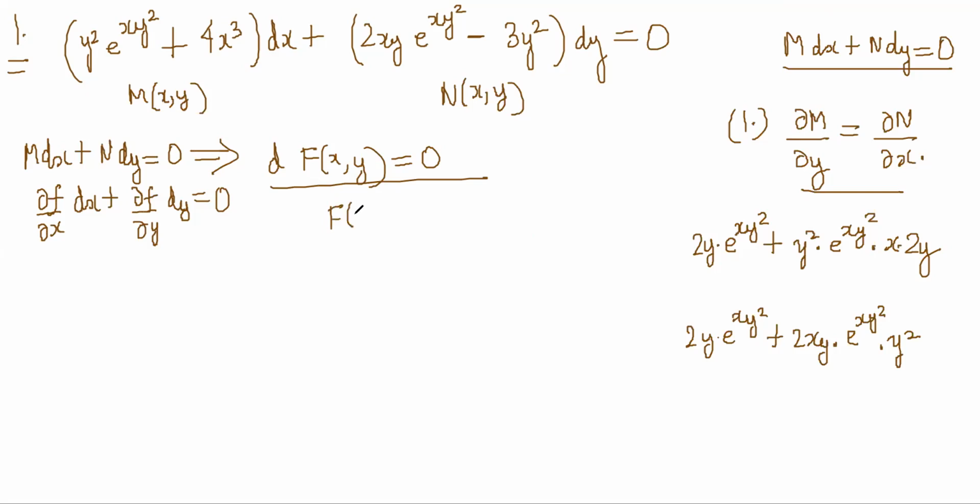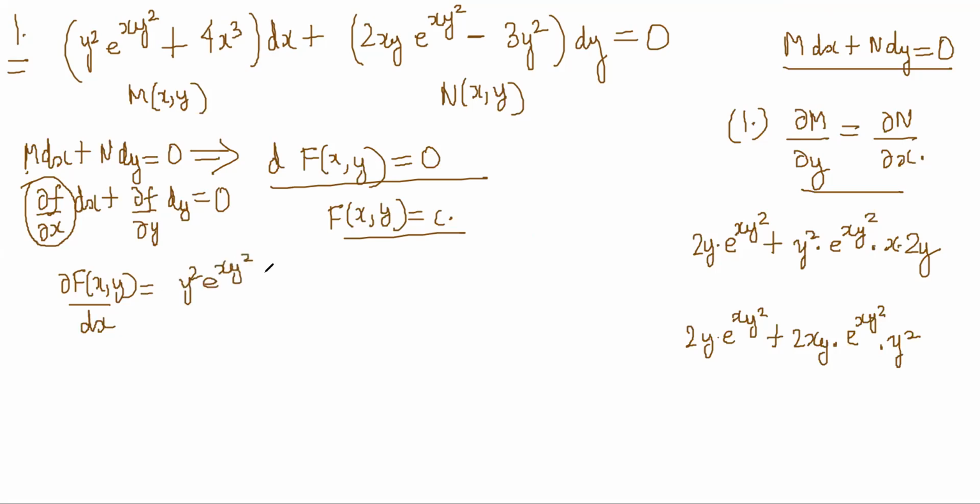Then I would be able to say the solution is f of x, y is equal to c. So my dou f by dou x is M. So to solve for f, we'll integrate with respect to x.